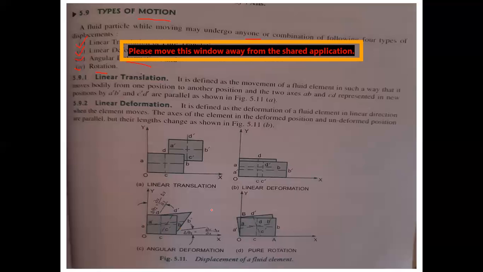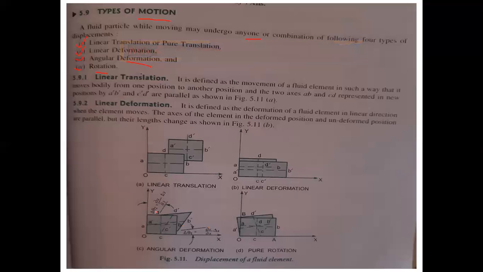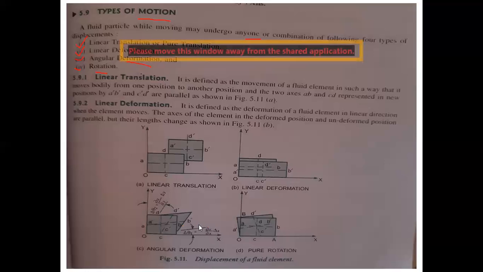Now it is making some angle, theta. Here also we have angle theta. So delta theta 1 is equals to dy by dx into delta x, the change in the x direction. Delta theta 2 is equals to du by dy into delta y, the change in the y direction. This is nothing but angular displacement.